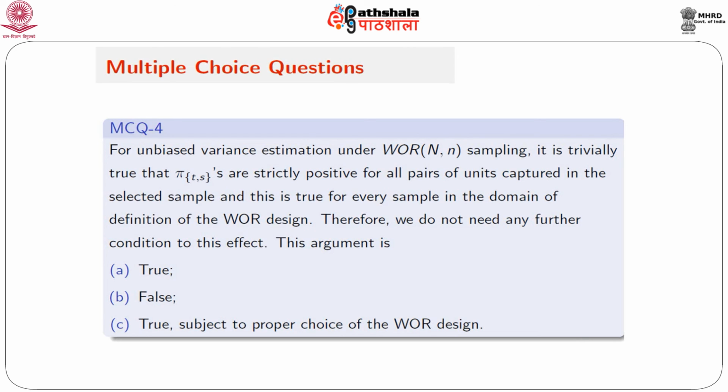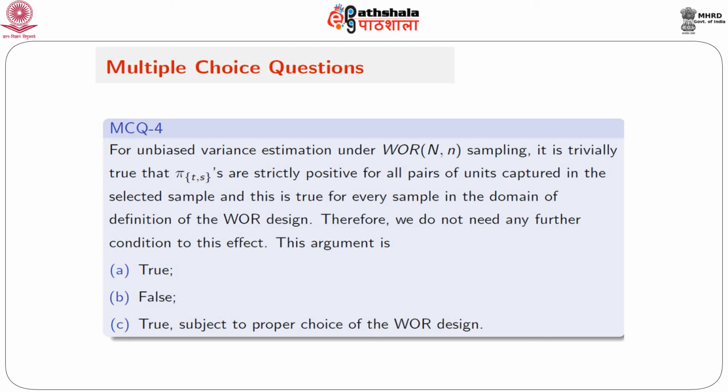I have a definition where the samples are listed, every sample has a positive probability, and all the constituent members in every sample, pairwise, have positive probability. If that is the case, why do I need any further condition like pi ij greater than 0 for all i not equal to j in the population?